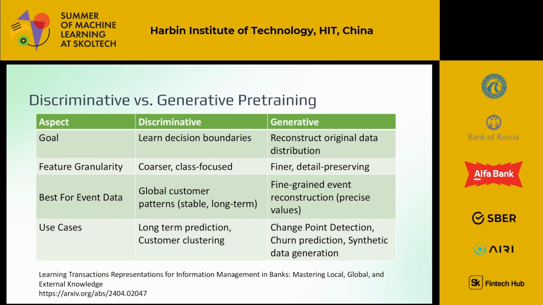So here we have two groups of methods, discriminative and generative, and we see the strong and weak aspects of these ways.